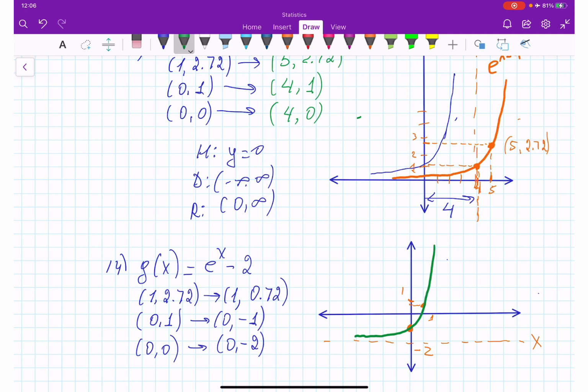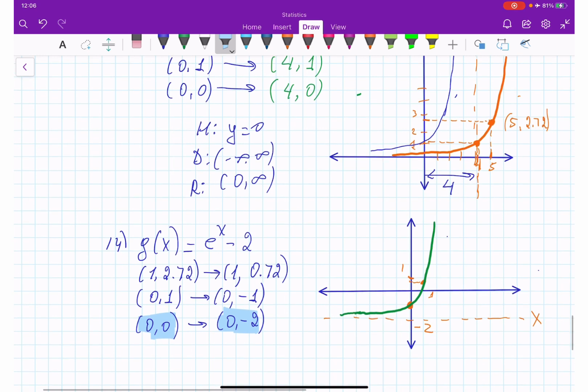all right. So wherever this 0, 0 will move, that's going to be your asymptote. So in this case, let me write down, this is g of x is equal e to power x minus 2.